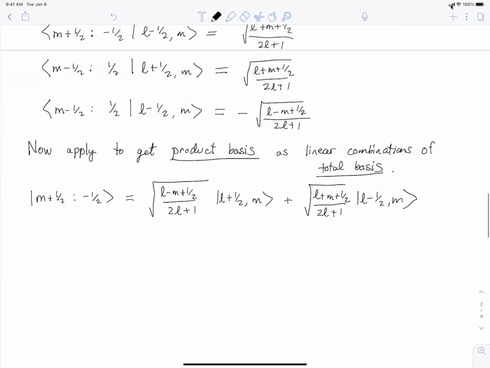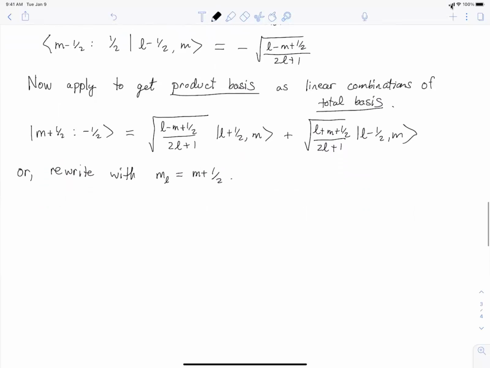Okay, but this isn't usually the best way to write it, because we're starting with a state that we supposedly know here. And so we know this number m plus 1/2, and so let's rename m to make this thing be something simple. Okay, so what we're going to do is rewrite with the definition that m sub L is equal to m plus 1/2.